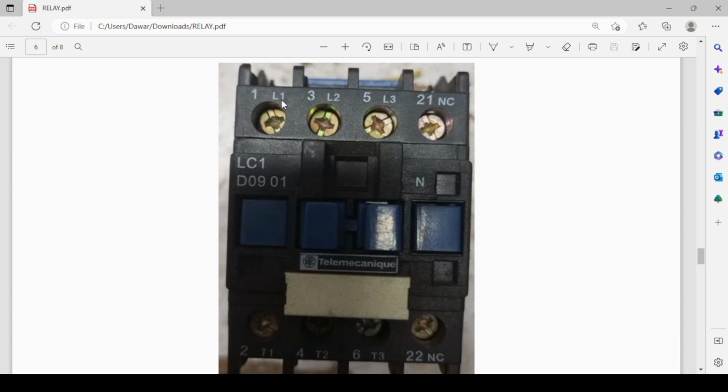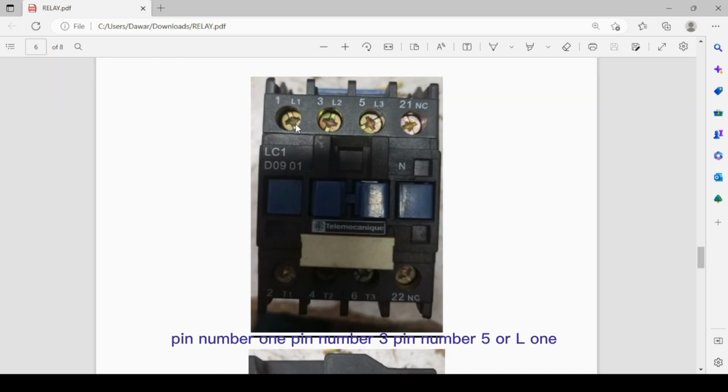Pin number 1, pin number 3, pin number 5 are L1, L2, L3, and pin number 2, pin number 4, pin number 6 are T1, T2, T3. These are the main contacts of the contactor. And this is auxiliary 21, 22. This is the normally closed auxiliary.